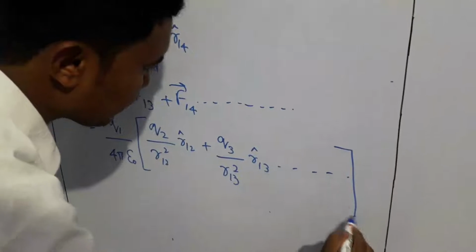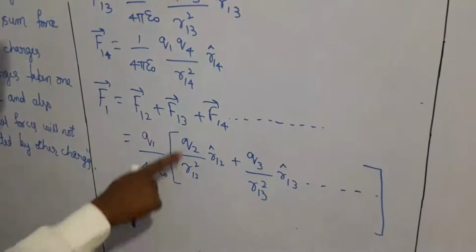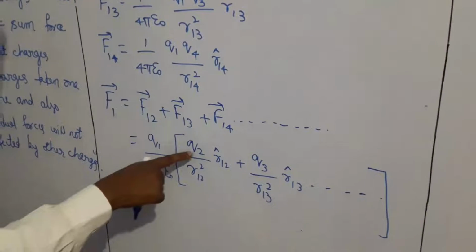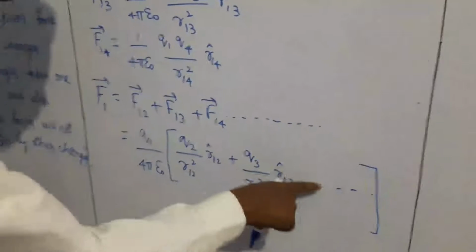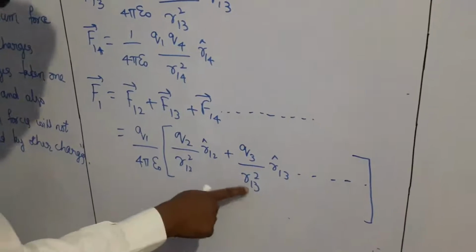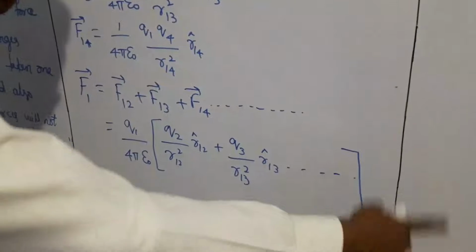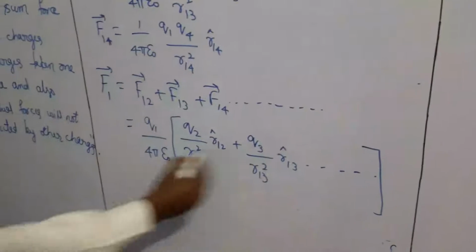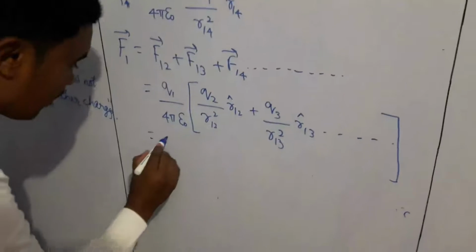Now see here, Q1 we have already taken outside. Next, Q2 is there, Q3 is there, Q4 will come, Q5 will come. And also here R12 is there, R13 is there, R14 will come, R15 will come. Here I will use a summation symbol.